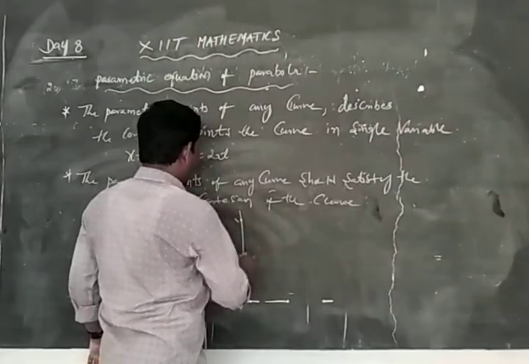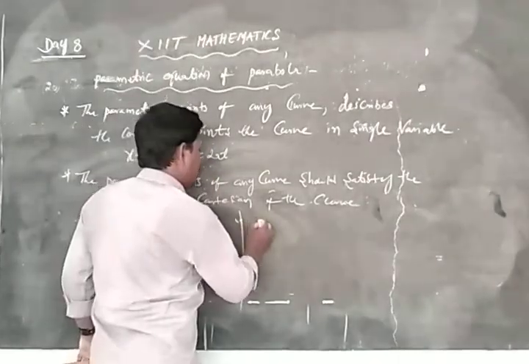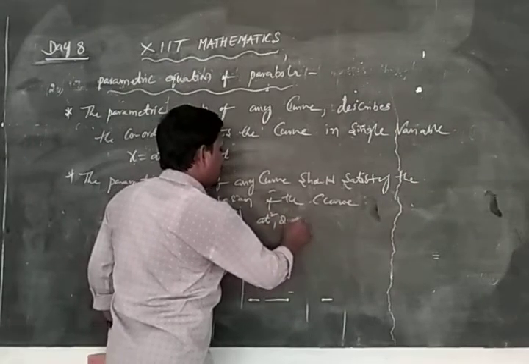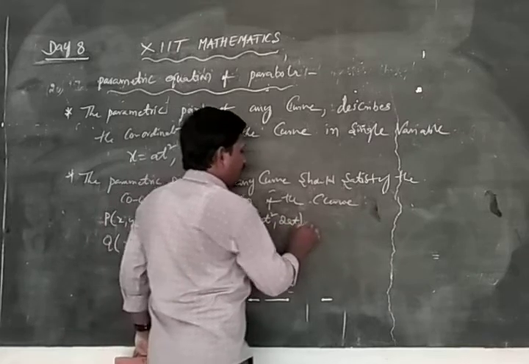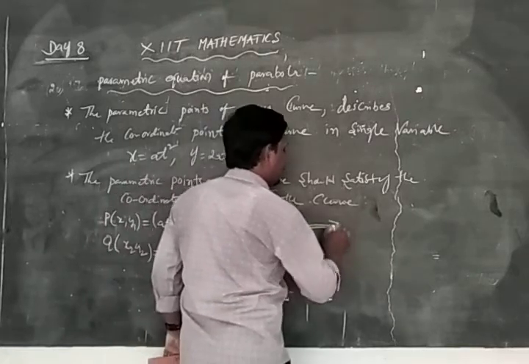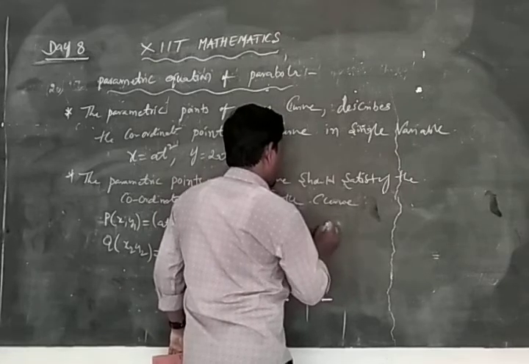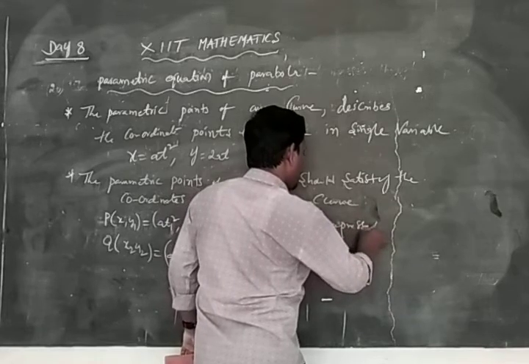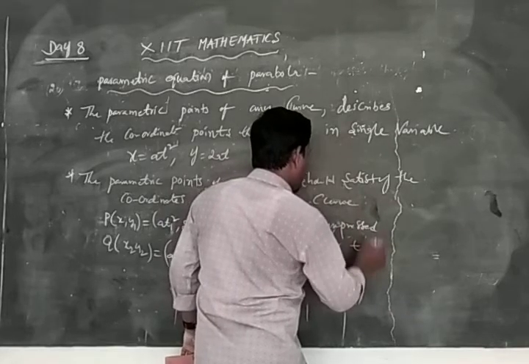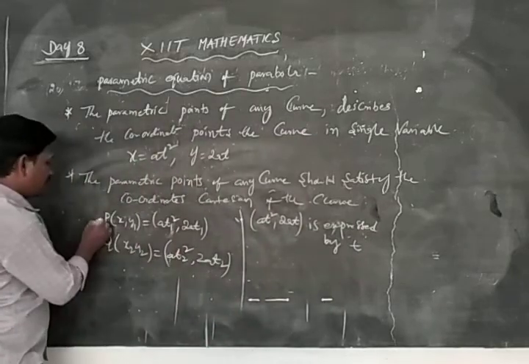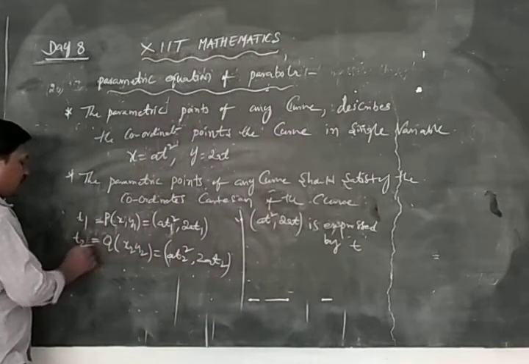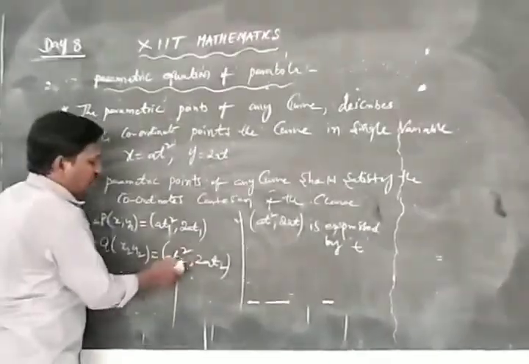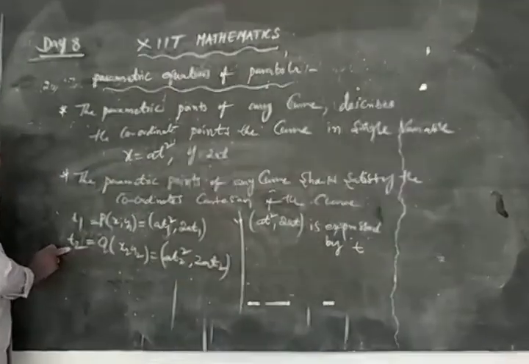If at square, 2at is expressed by t, so this is t1, this is t2. A t1 square comma 2a t1 is expressed by t1, a t2 square comma 2a t2 is expressed by t2.